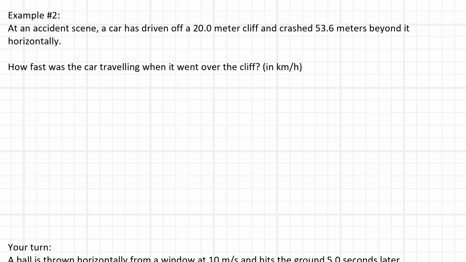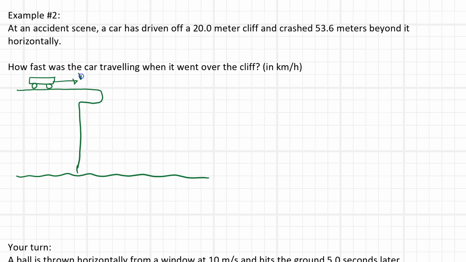Moving on to example number 2, it says, at an accident scene, a car has driven off a 20-meter cliff and crashed 53.6 meters beyond it horizontally. Well, what would this look like? Let's see. So we've got a kind of a cliff here. I'm thinking maybe there's water underneath, and there's this car that was driving along and going at some speed.